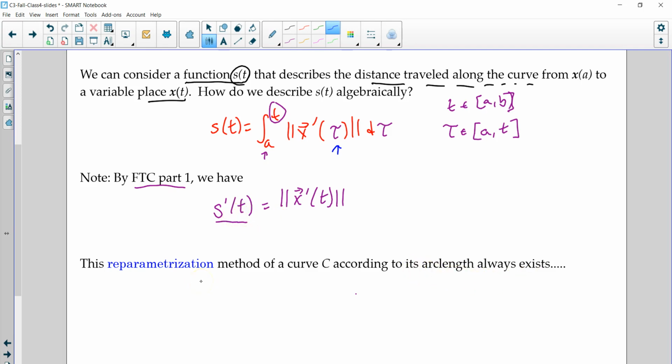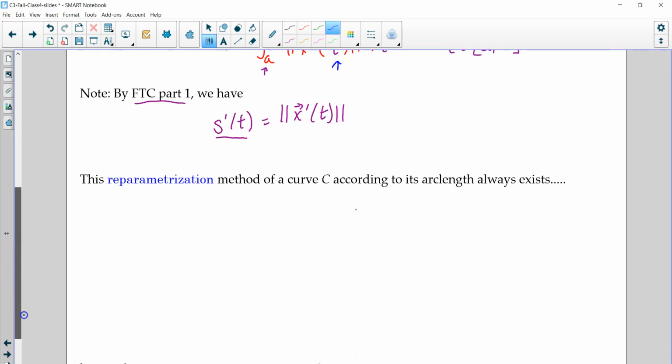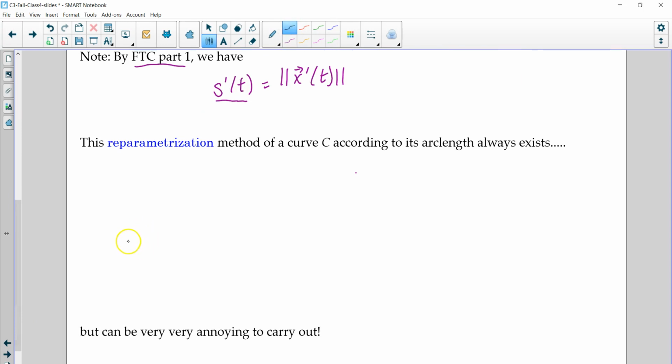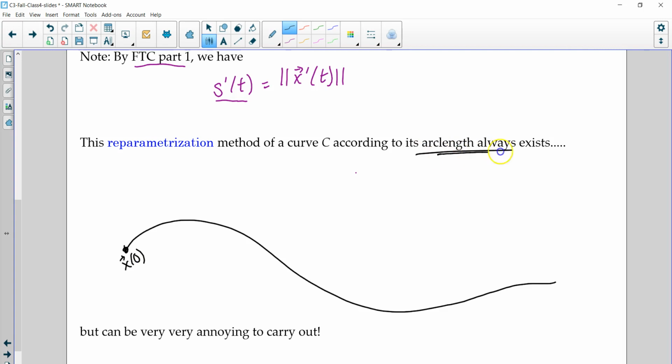So I could take that same curve that I had above. I'll try and replicate it to the best of my ability here. Something like that. And what I could do is say, this is going to be x of 0, and then if I want to parameterize it according to its arc length, I can have vector x according to s, and then s would lie in 0 arc length to the length of the curve.